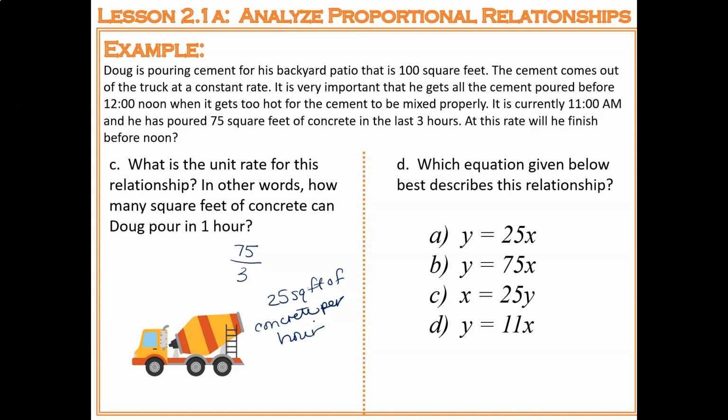Remember, it's your Y equals your unit rate times X. That's how you set these equations up always. So I have Y equals the unit rate times X, so this one works.